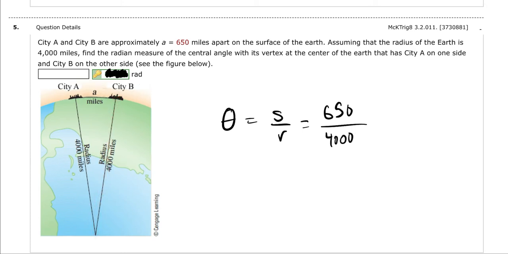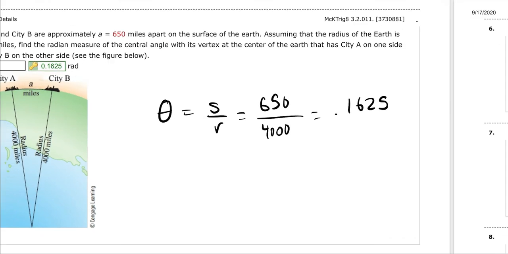And you want to make sure that the units are the same, miles, which they are. So that means we don't have to do any conversion. So if you divide these two numbers, 650 divided by 4,000 is 0.1625 radians. So that would be the measurement of the central angle.